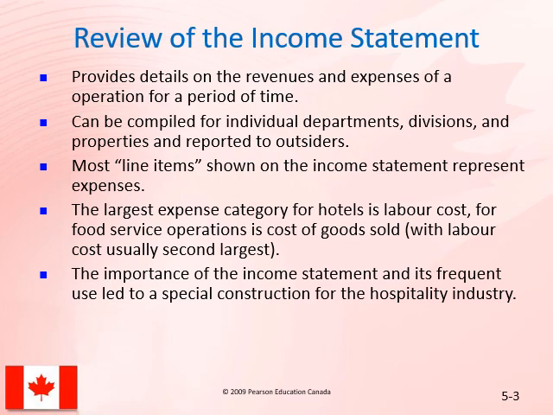While the income statement does have revenues on it, the majority of the income statement is actually composed of expenses. While a restaurant or a hotel may have one or two sales lines, they have many more expense lines. On that note, the largest expense typically for a hotel is labor cost.